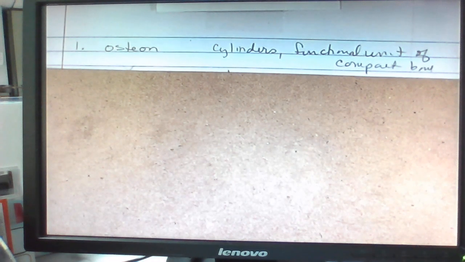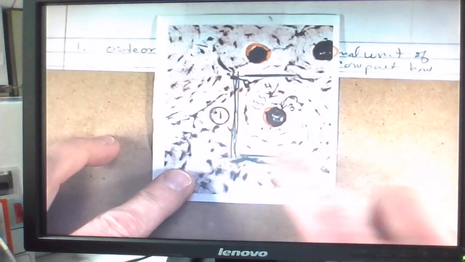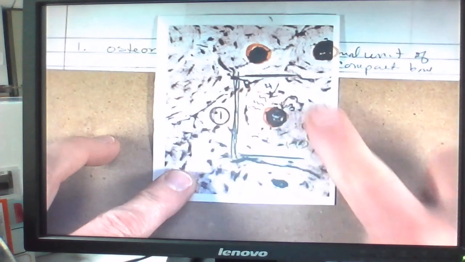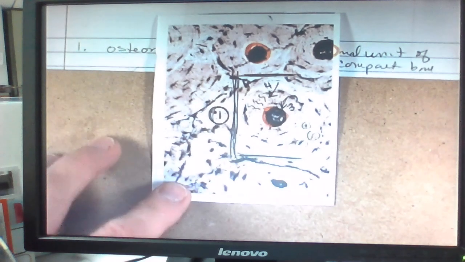Osteon is a cylindrical structure. It is the functional unit of compact bone. So on the diagram, I bracketed so that I had this whole cylindrical unit.